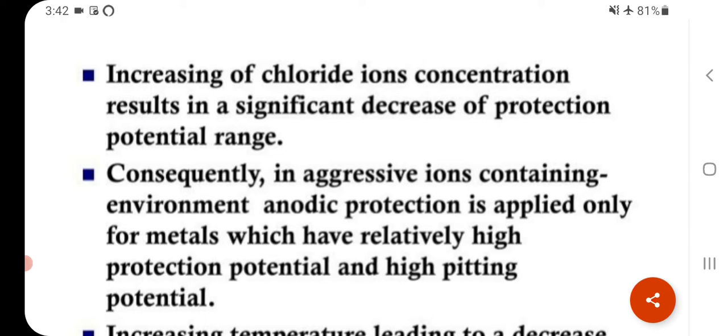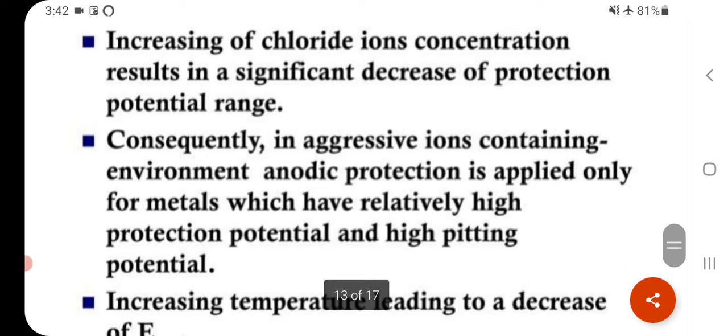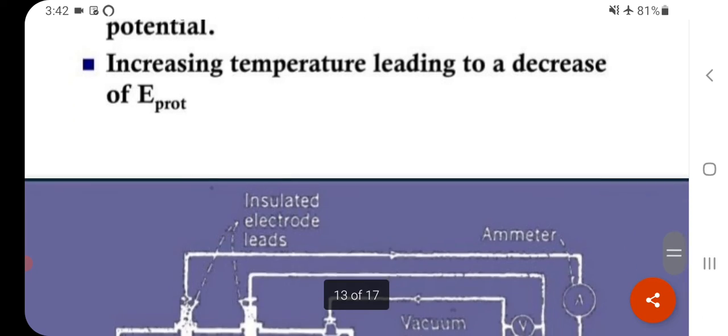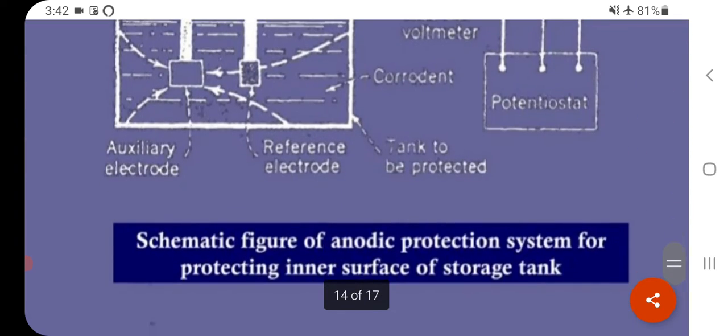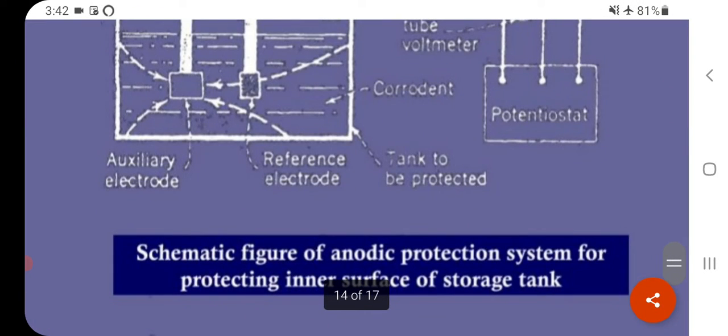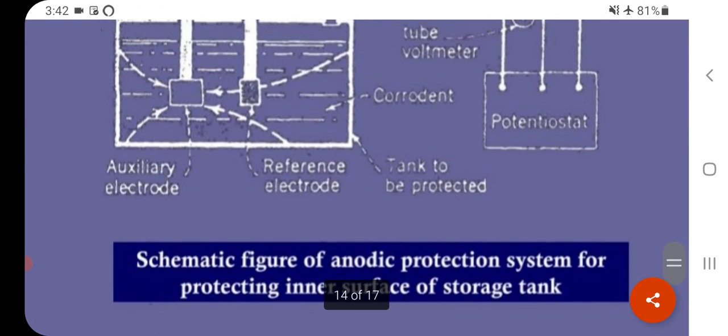Consequently, in environments containing aggressive ions, anodic protection is applied only for metals which have relatively high protection potential and high pitting potential. Increasing temperature leads to a decrease. This is a schematic diagram of an anodic protection system for protecting the inner surface of a storage tank.